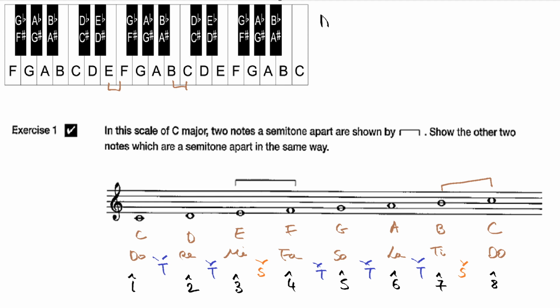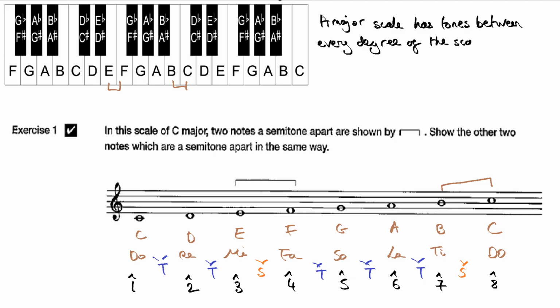So a major scale has tones between every degree of the scale except 3 to 4 and 7 to 8, which have semitones.